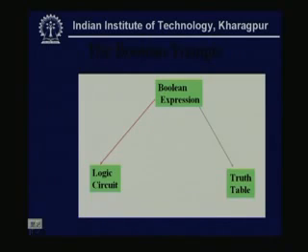A truth table is the description of inputs and outputs with respect to zeros and ones only, to describe its overall behavior.